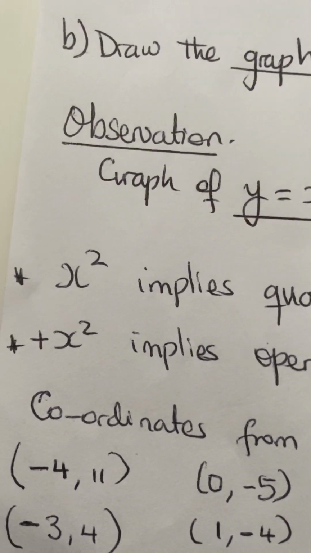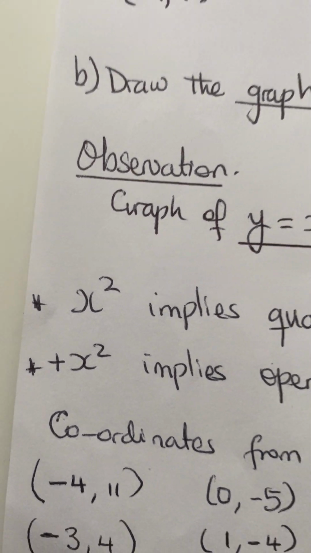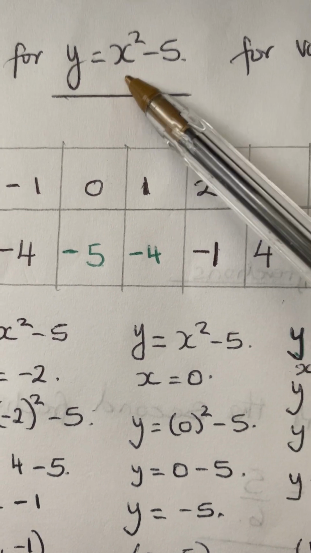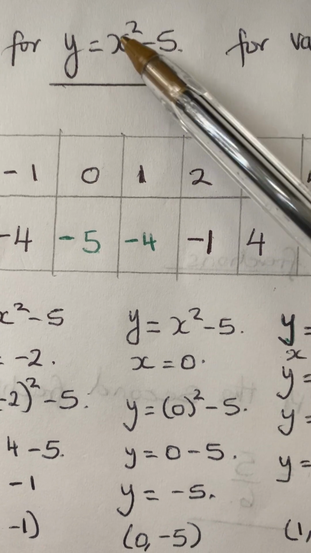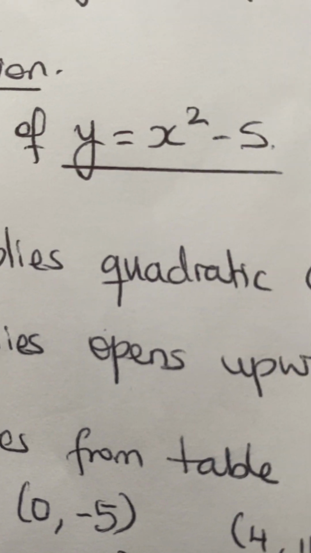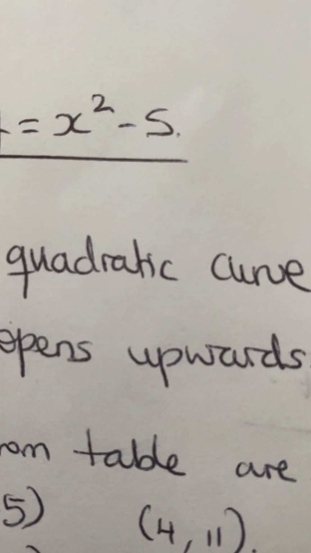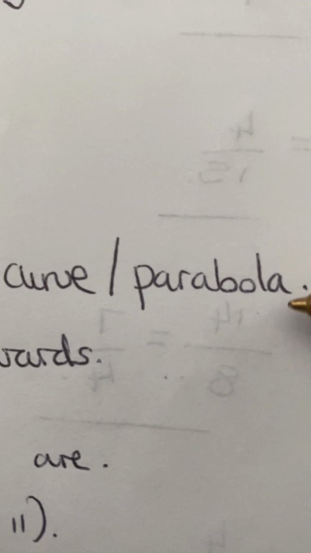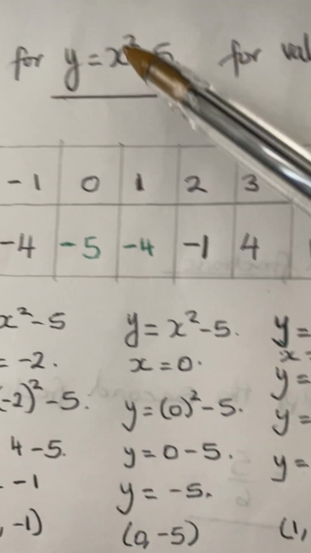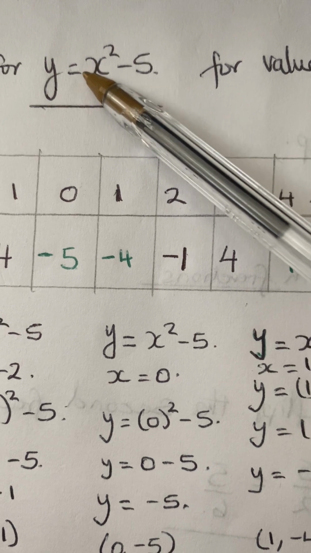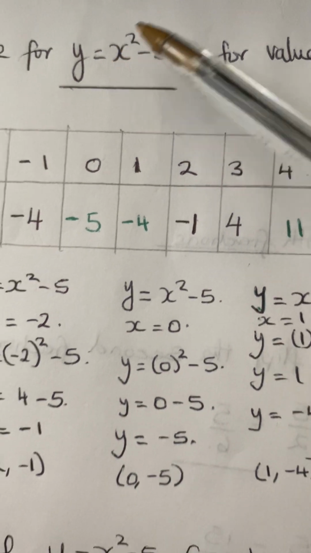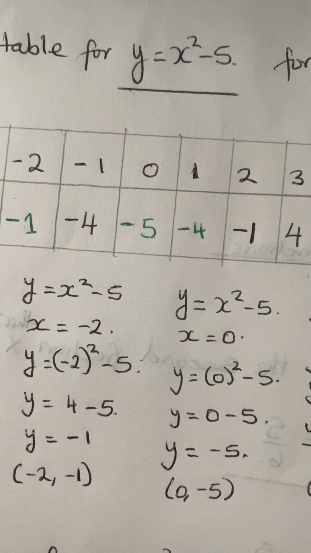Okay, so now we are going to draw the graph. Now if it's a linear graph, it will just be x minus 5. Because it's x squared, we know that it's a quadratic curve or a parabola. We've done this. Now x squared here is positive, is plus, so it will open upwards.